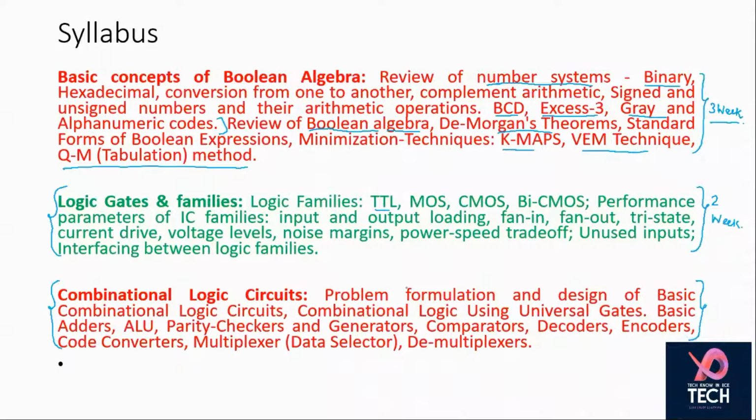In this, we have some designs of our own and some designs already done, like adders, arithmetic and logic units, parity checkers and generators, or if you want to design some circuit of your own, you can do that, because this is a very important topic. In this, we are spending around 3 weeks.